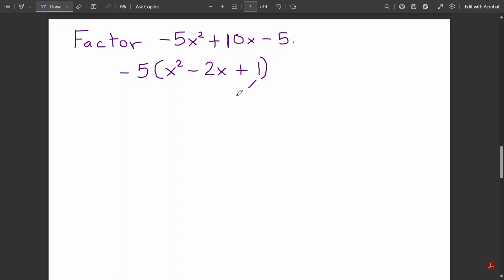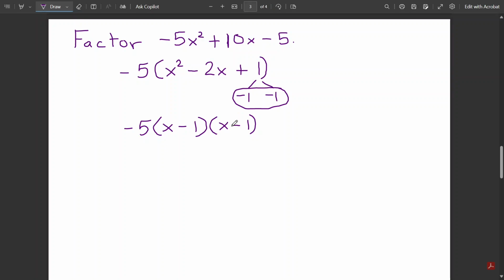So if we multiply negative 1 times negative 1, we will get positive 1, and it will add to negative 2. That's really the only pair of factors I could select. So we're going to rewrite this as negative 5 times x minus 1 times x minus 1.